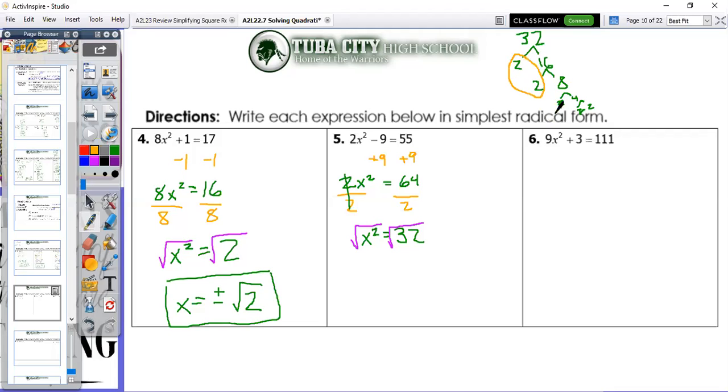Break them into pairs, 1 and 2. Now, if I put these together, I get the square root of 4, which is 2. 2 times 2 is 4. But there's one left over down here. That one has to stay in the group because it doesn't have a pair.